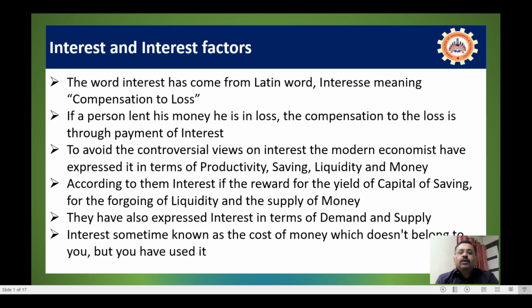To avoid the controversial view of interest, because if you say interest, it looks awkward or controversial, modern economists have expressed this in terms of productivity, saving, or liquidity of cash or money, and also with respect to supply and demand.